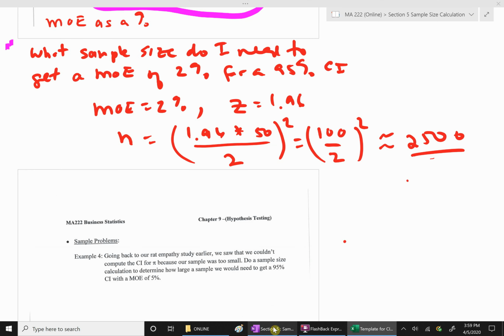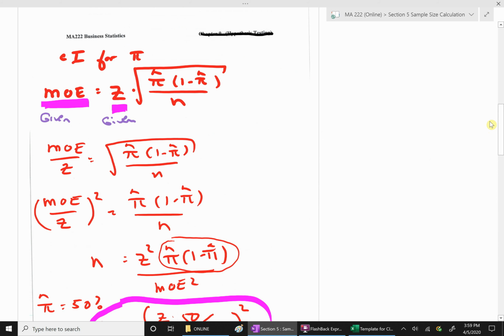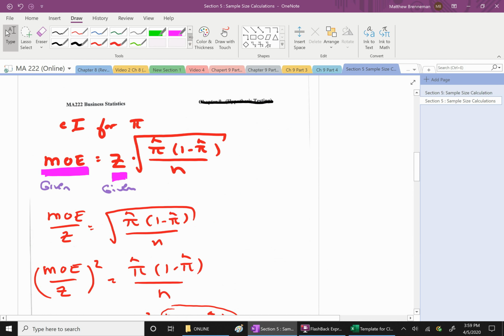Okay, good. Sample size calculation for population mean. Kind of the same sort of deal. The expression for the standard deviation is a little bit different, right? But it's the same sort of principle. We start off, we look at our expression here.